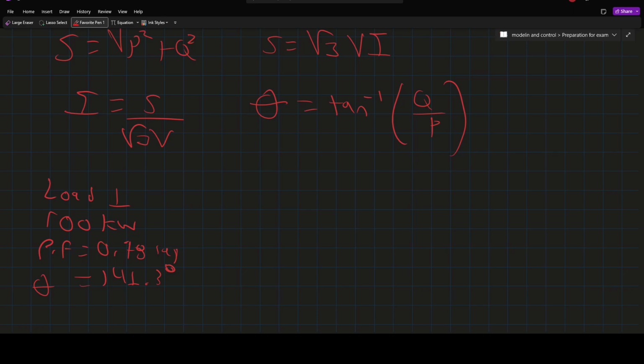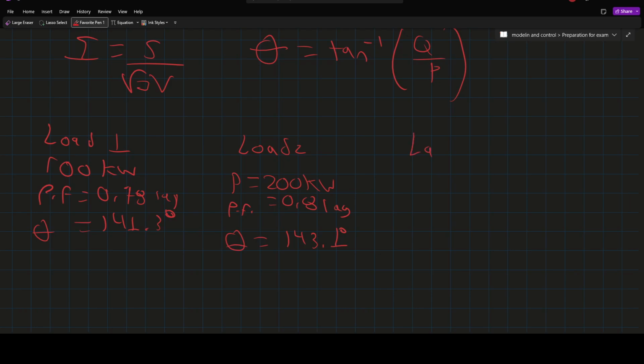We found theta by cos inverse of this. We have a load 2 that has a power of 200 kilowatts, a power factor of 0.8, also lagging, and a theta of 143.1.